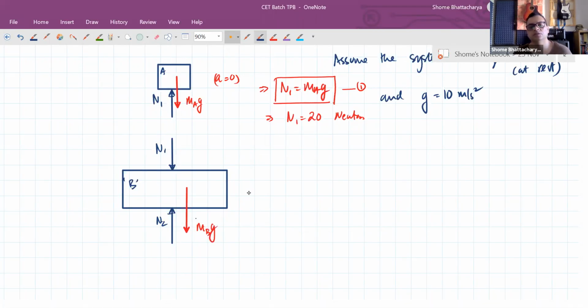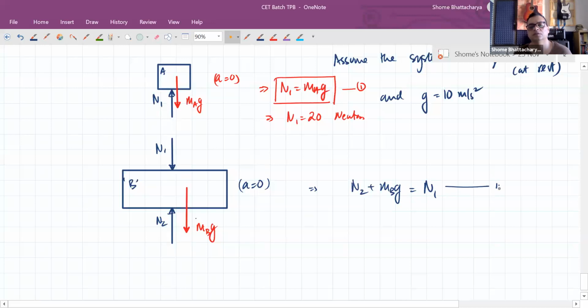And B is also in equilibrium. So for B, what is happening? The two downward forces, which are N1 and the weight, are balanced by the one upward force, which is N2.